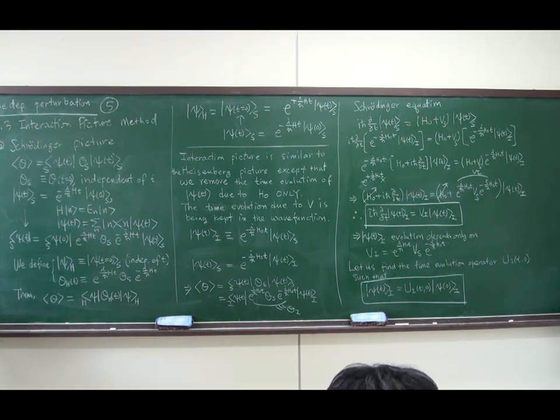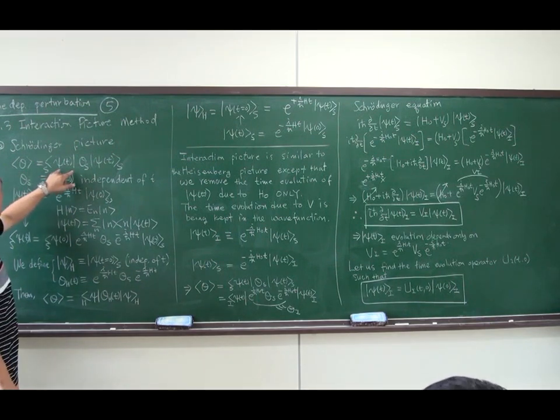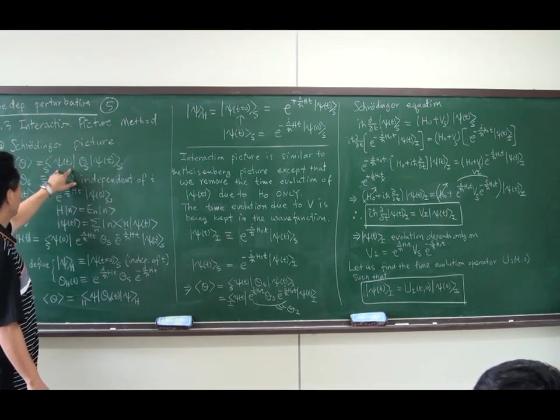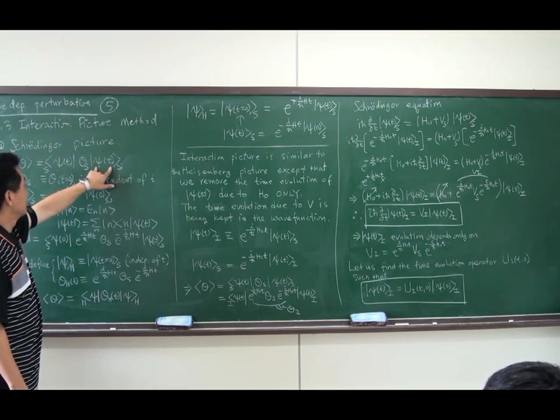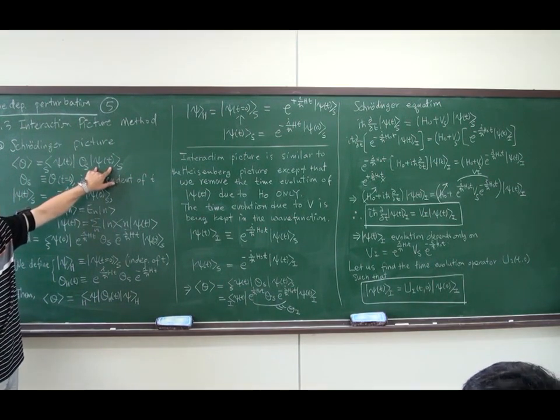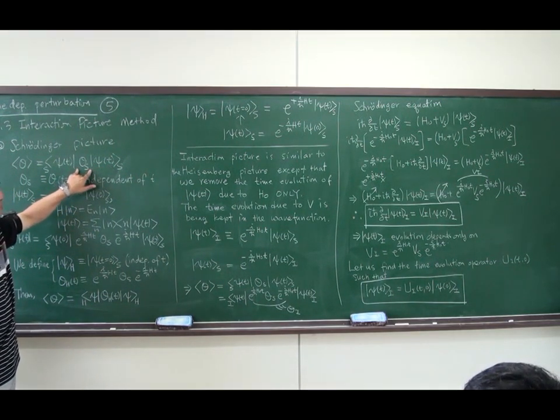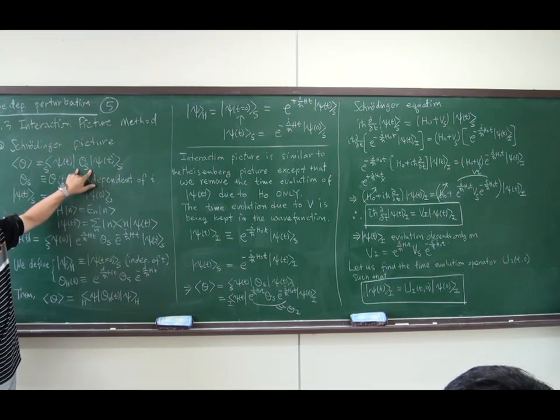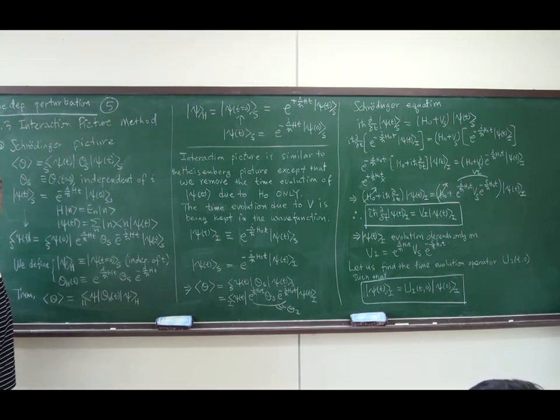Until now, we have been using the Schrödinger picture, in which the expectation value of an operator is expressed in this way, where the state ket is dependent on time. It makes a time evolution, and the operator in the Schrödinger picture does not change. For example, kinetic energy p squared over 2m and potential energy were independent of time.